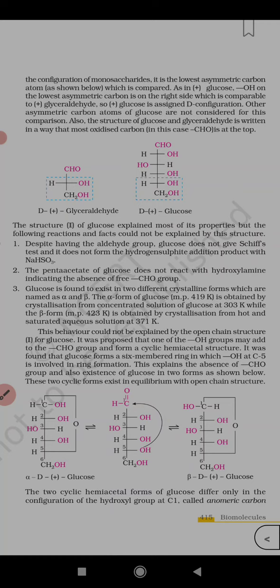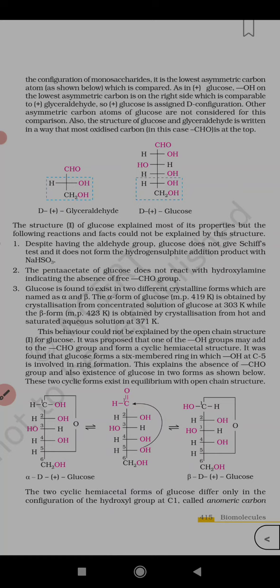The alpha form has melting point 419 Kelvin and is obtained by crystallization from a concentrated solution of glucose at 303 Kelvin. The beta form has a slightly higher melting point, 423 Kelvin, and is obtained by crystallization from a hot saturated aqueous solution at 371 Kelvin.